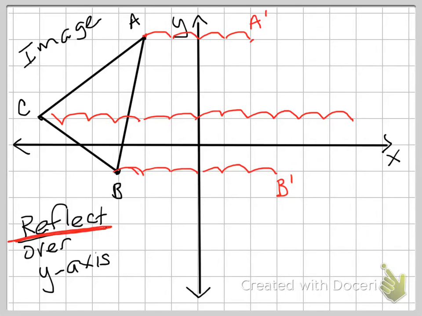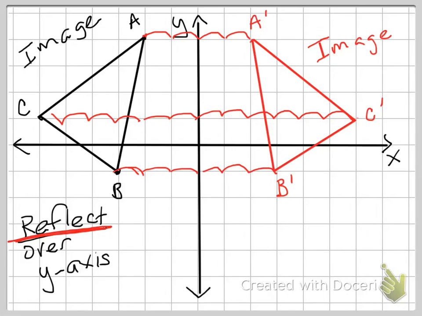Here is C prime. And if I connect all of those reflected points, you would end up getting a mirror image of that triangle. So this one here is the pre-image, and this is the image, the reflection over the y-axis.